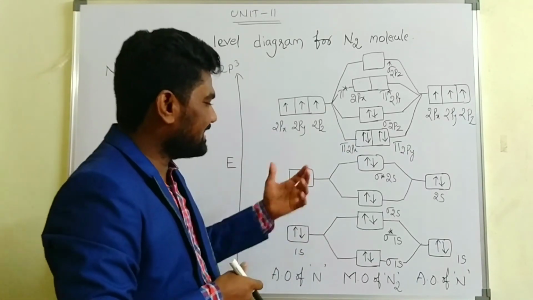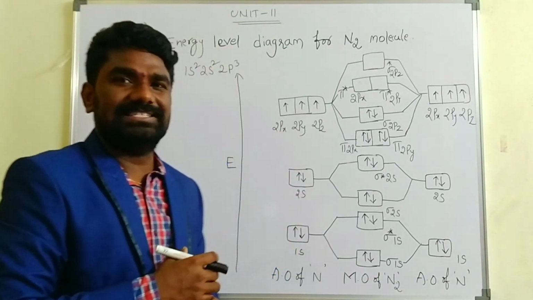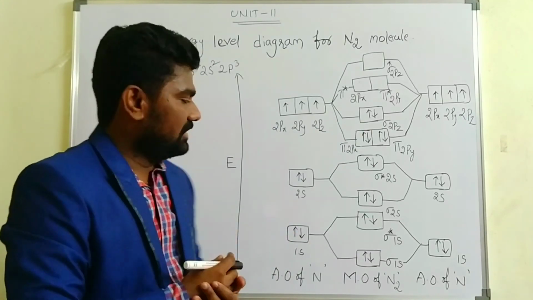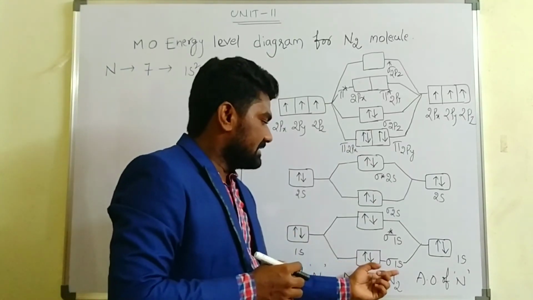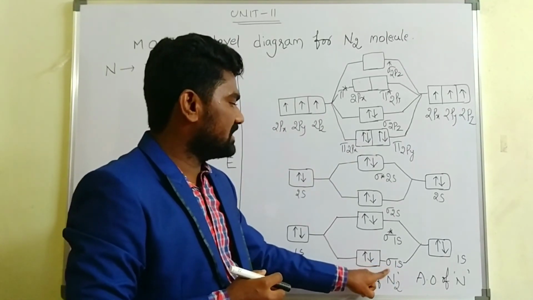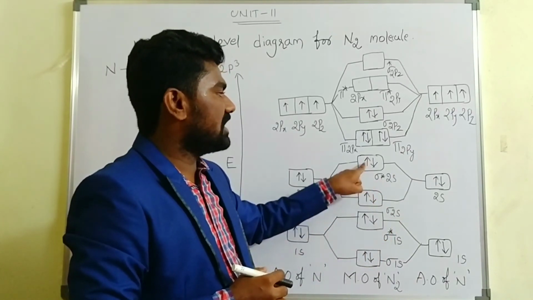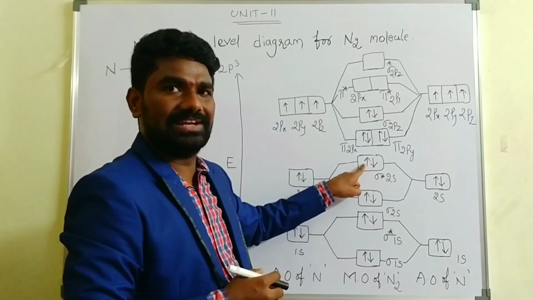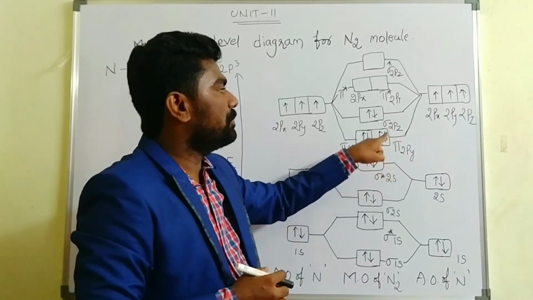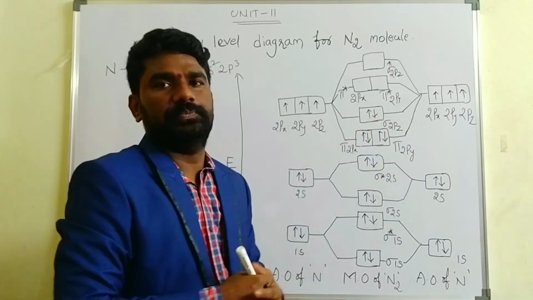So these 2 electrons can pair up in the sigma 2pz orbital. This is the process of filling the electrons in the molecular orbitals. What is the molecular orbital energy, the relative energy sequence in increasing order? How can you write? We can write sigma 1s2, 2 electrons are there. Sigma 1s2, sigma star 1s2, sigma 2s2, sigma star 2s2, because 2 electrons are there, and pi 2px2, pi 2py2, and sigma 2pz2.